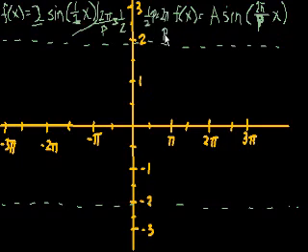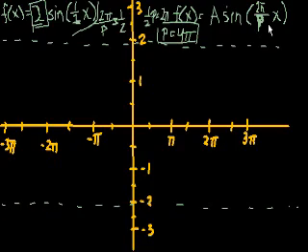Or the period is equal to 4 pi. So we know the amplitude is equal to 2, and the period is equal to 4 pi. And once again, how did we figure out that the period is equal to 4 pi? We use this formula: 2 pi divided by the period is the coefficient on the x term. So we set 2 pi divided by the period equal to 1/2, and then we solve that the period is 4 pi.